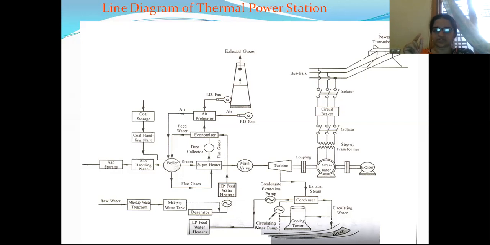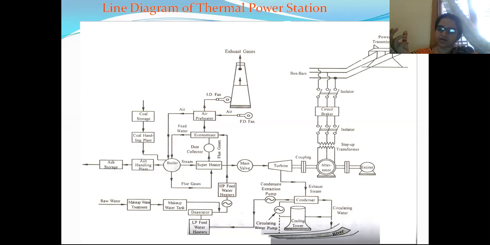How is the temperature of the steam reduced in the condenser? We allow cool water to pass through the tubes. After the cool water passes through, the temperature of the steam is reduced.